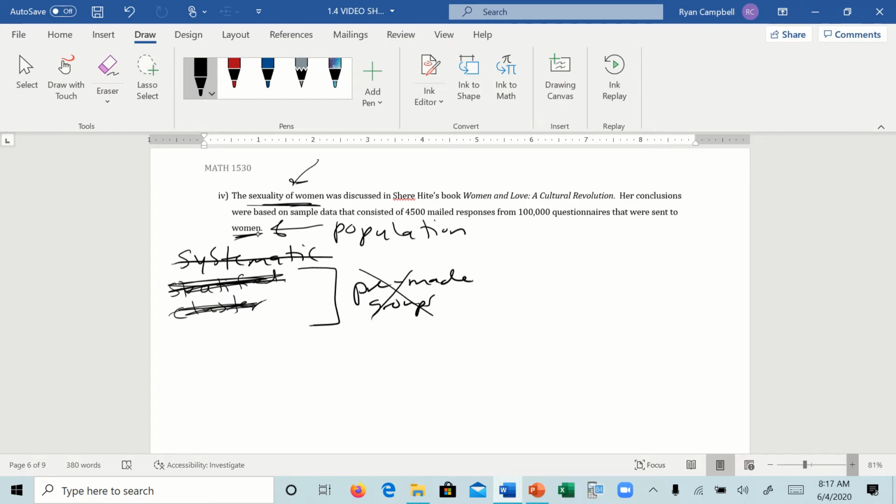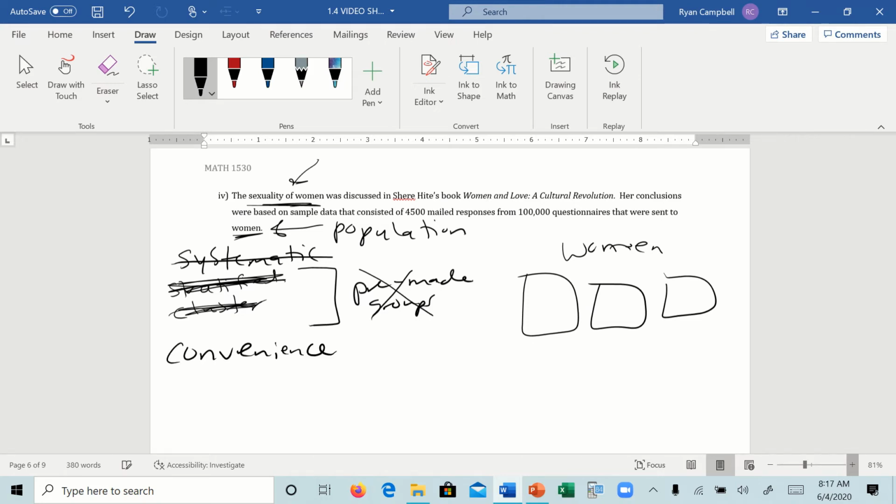And since we're not breaking up women into different categories, by location or by hair color, ethnicity, whatever, there actually are no pre-made groups. So now we're back down to convenience or simple random.